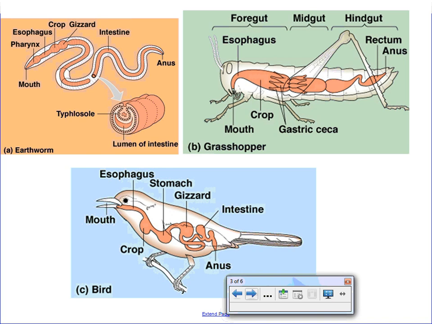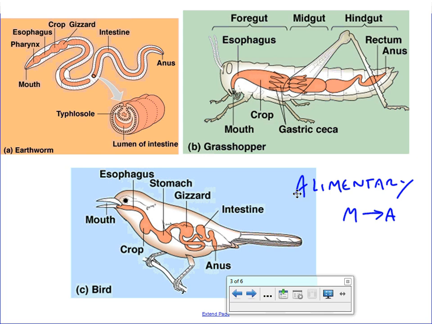So right here you're looking at 3 different types of organisms that have what's called an alimentary canal. Alimentary being the simplest term, that we're going from mouth to anus. We have a complete system where there is compartmentalization, and different steps of digestion are going to occur throughout that process.